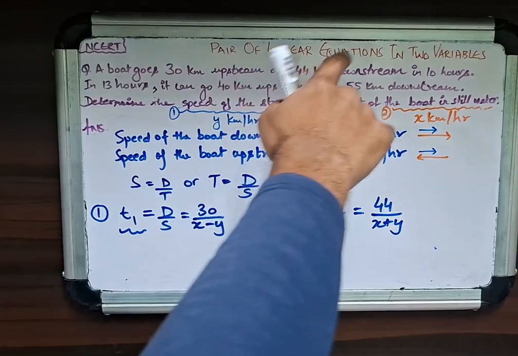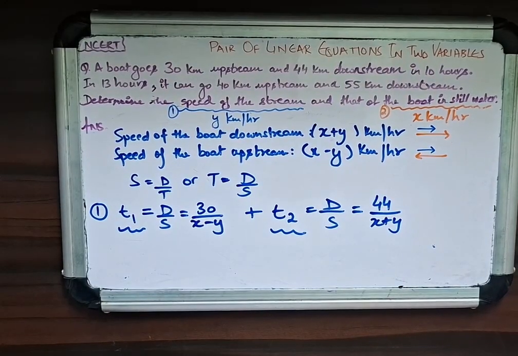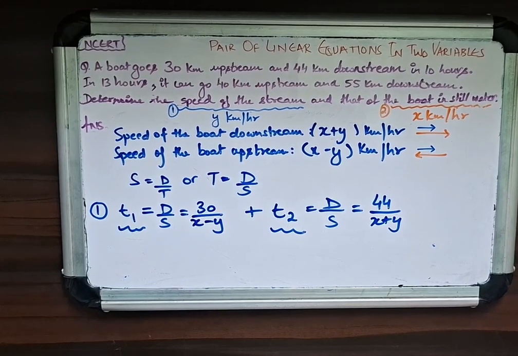And how much time does it take total to go 30 kilometers upstream and 44 kilometers downstream? 10 hours.